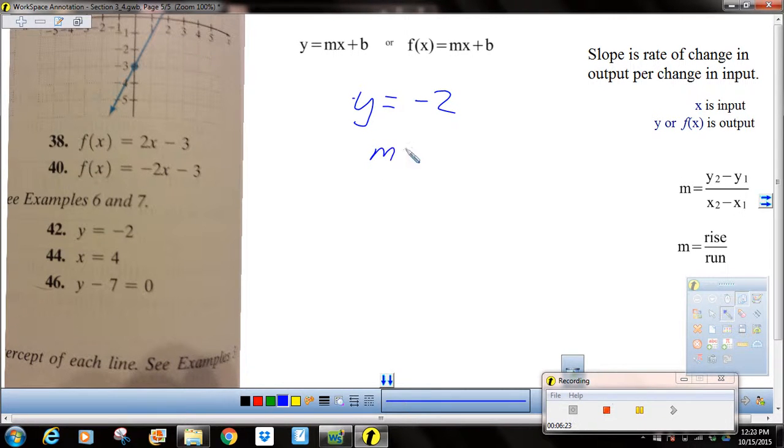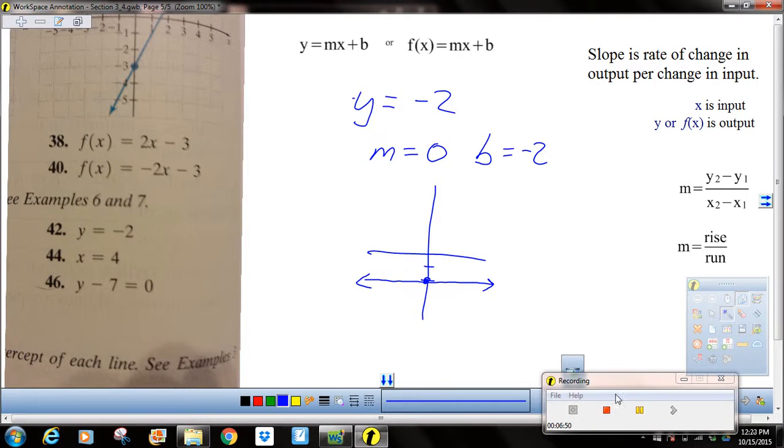It's just the slope is 0, and the y-intercept is -2, because that's the constant. To graph it, I go to y equals -2, because that's the y-intercept. Put a point. And the slope is 0, so it is horizontal. That was one of my better drawn horizontal lines there.